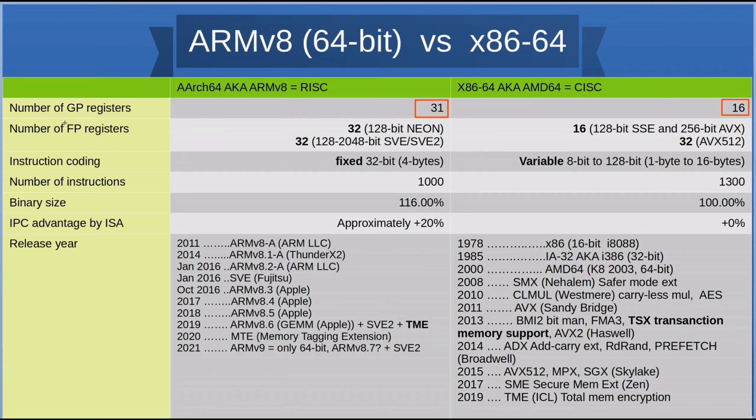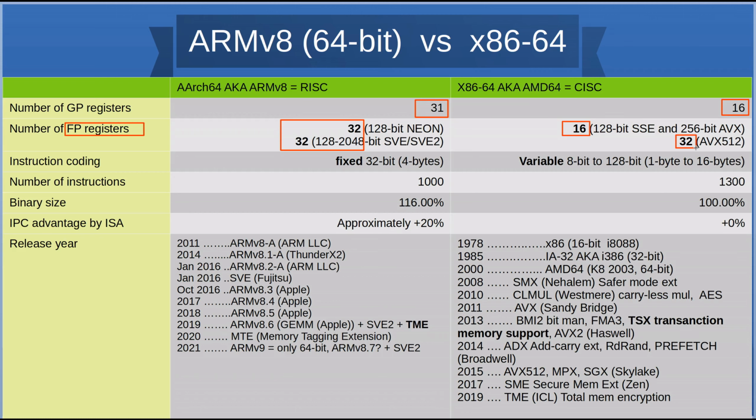And in terms of floating point registers, which is more related to SIMD, single instruction, multiple data, which is not only floating point, it could also be integer, in the vectors, ARM has an advantage of 32 registers again, and x86, most of the CPUs, is limited to 16 again. AVX512 has 32, but only a few CPUs have it.